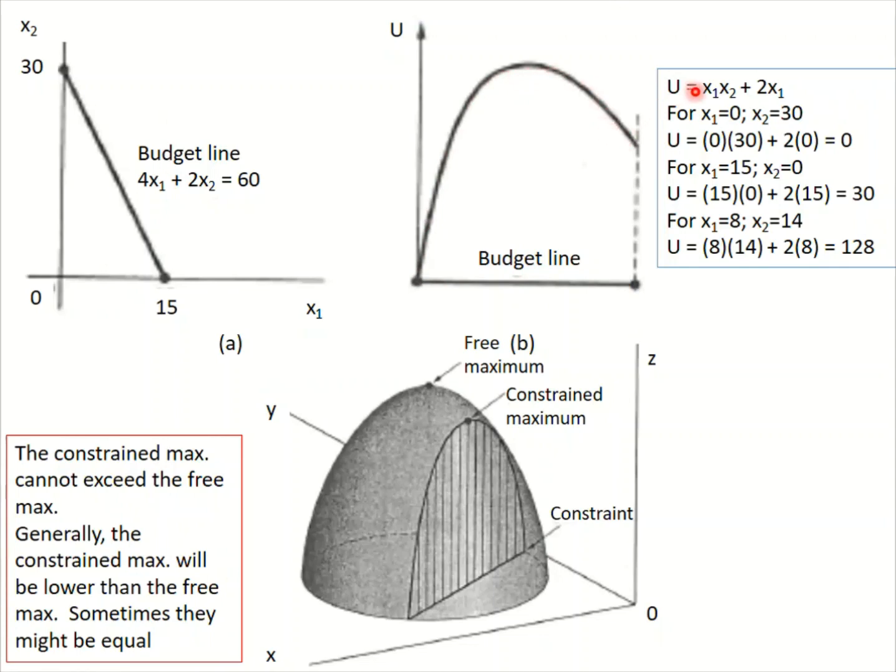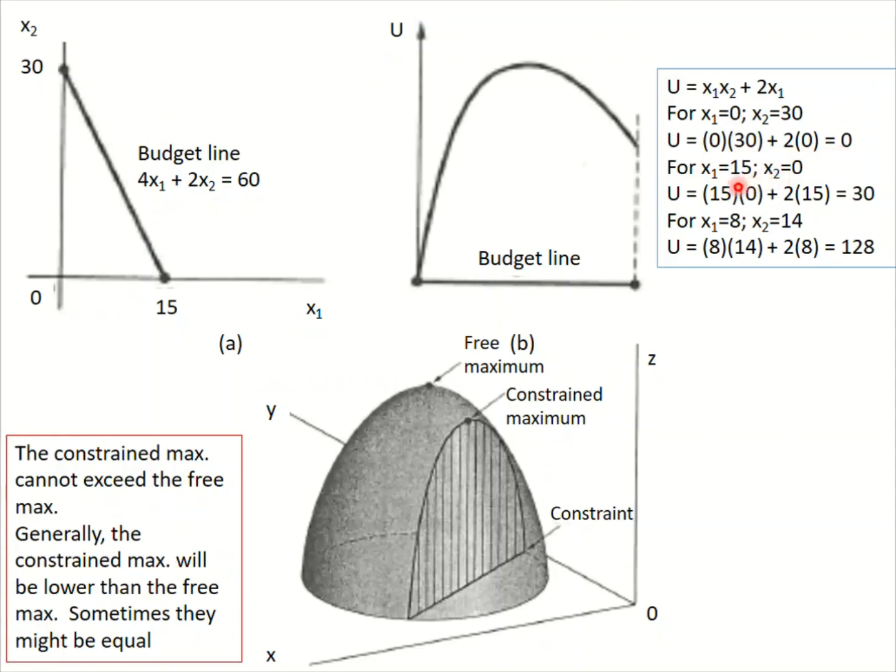Using the utility function that we saw on the previous slide, for the various combinations of goods X1 and X2, we can calculate the utility from consuming that amount of goods. For example, if we were to consume 0 of X1 and 30 units of X2, total utility in that case, if we measured it here, would be 0.